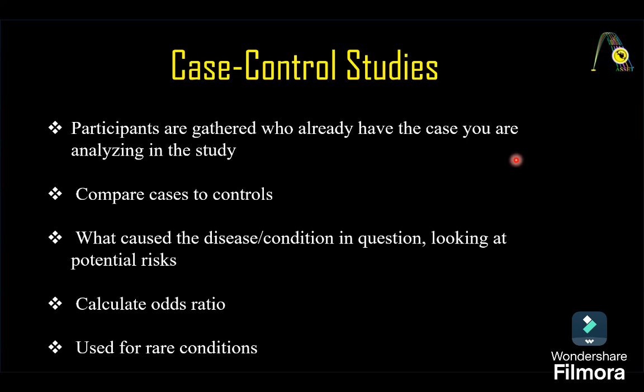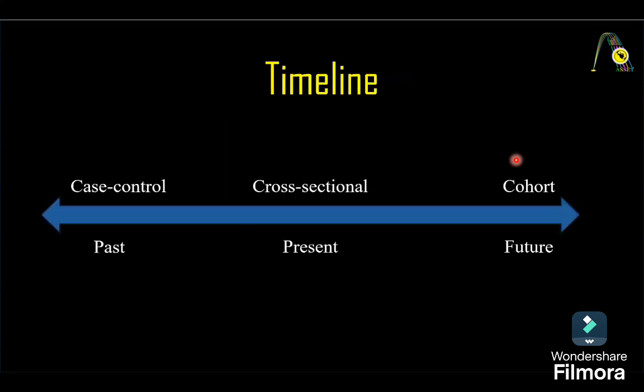For a rare condition, it's often very difficult to find patients that might have it. So if the focus of your study is to gather participants that already have it and compare them to participants that don't, it makes it a lot easier to conduct a study. Compare that to cohort studies, where you're just selecting for risk factors, reasons for why someone might develop it, and then you follow them for 5 or 10 years.